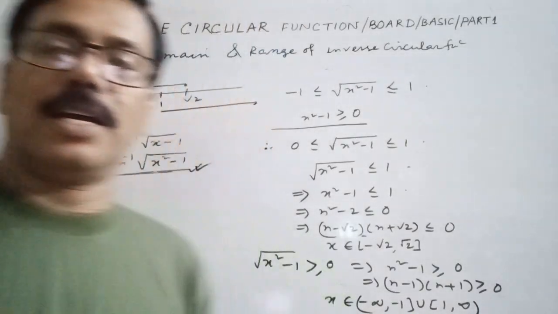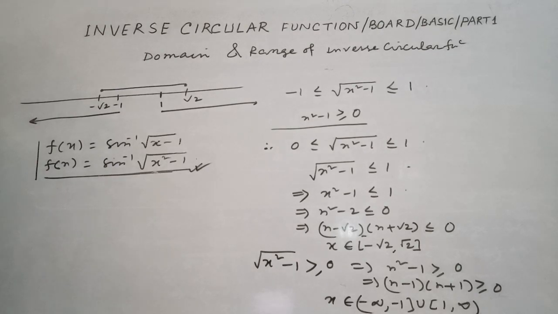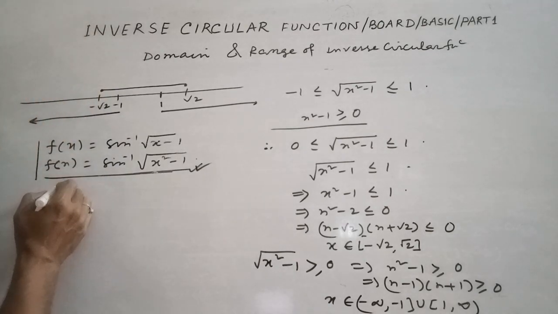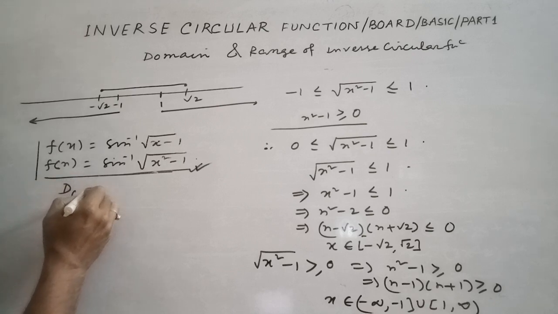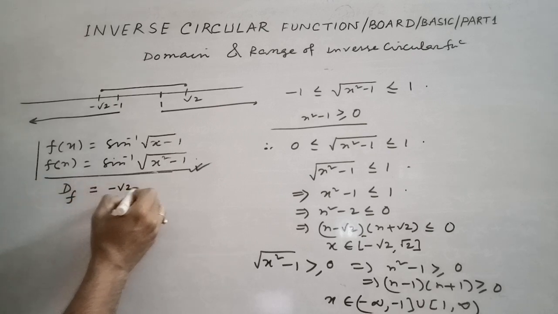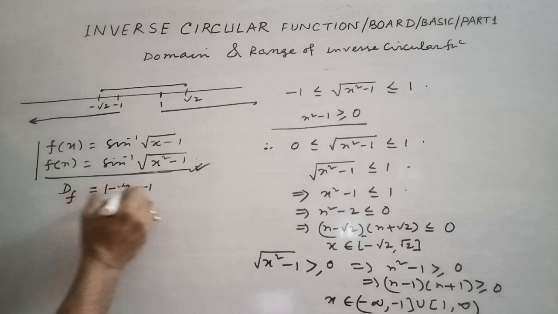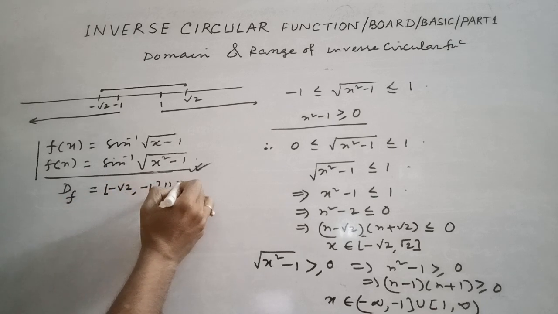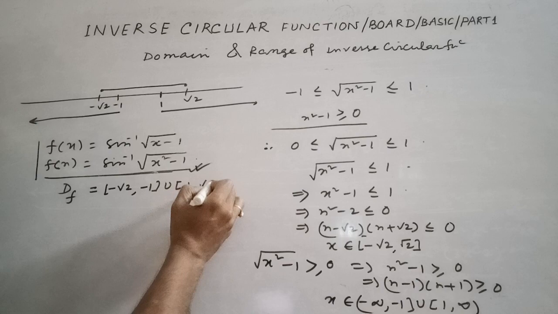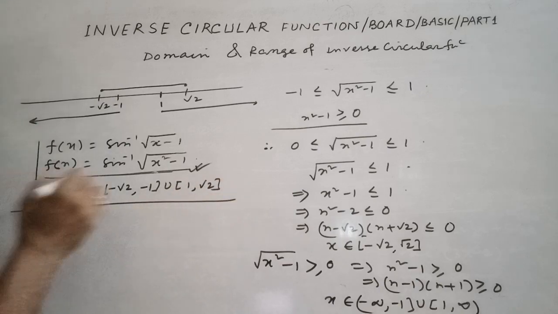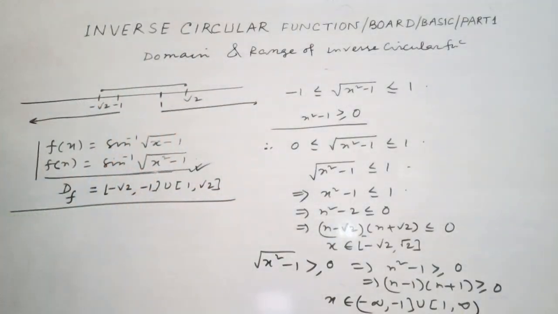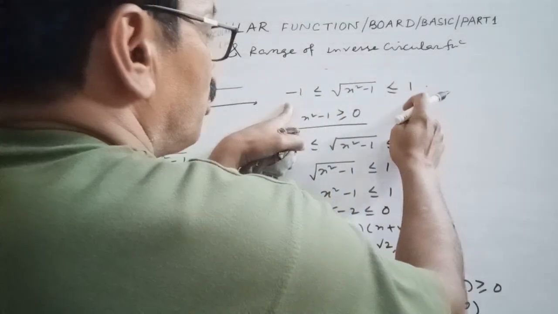So what is the common region? The common region is the domain. So D_f equals minus root 2 to minus 1, union 1 to root 2. So this is the domain.